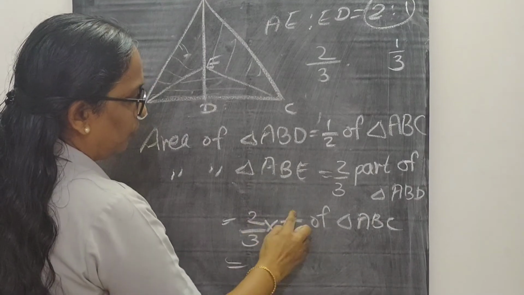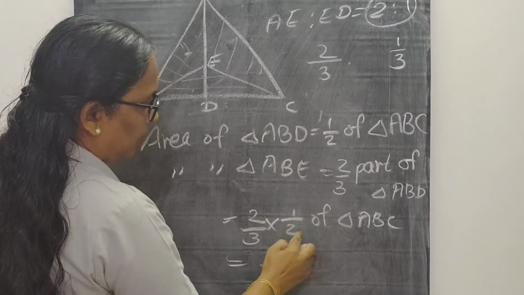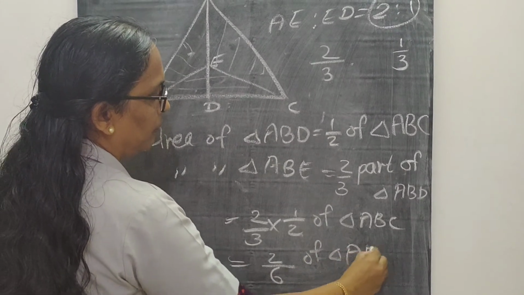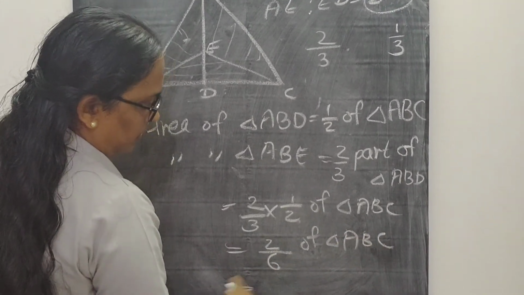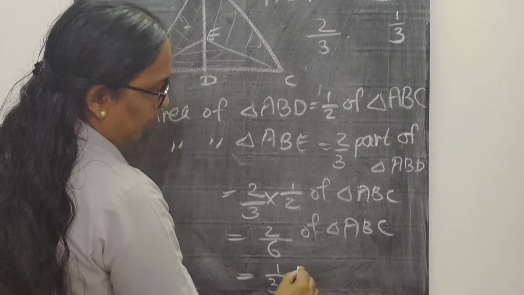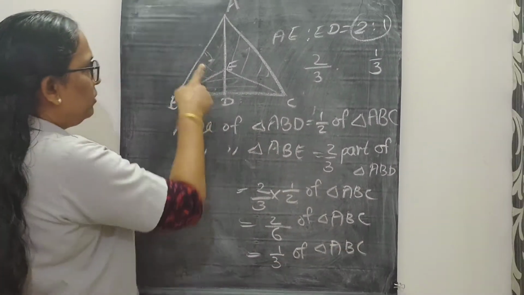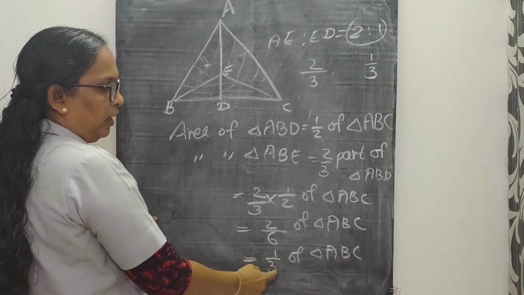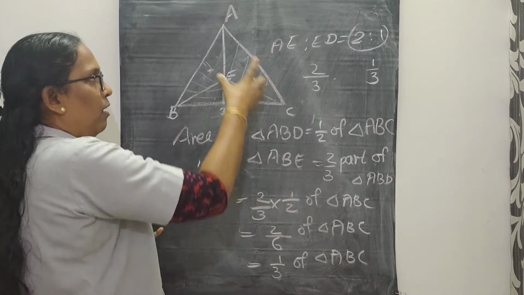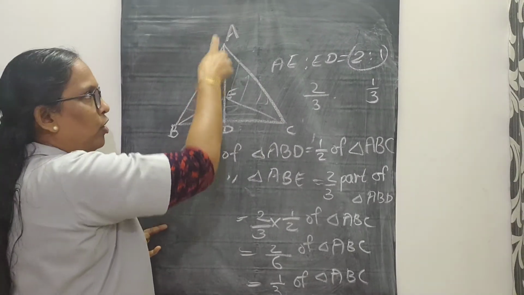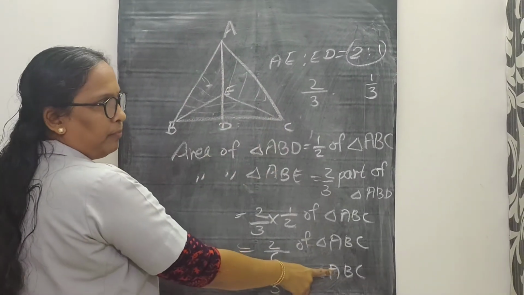That is equal to 2 by 3 into 1 by 2, which is 2 by 6 of triangle ABC, which is 1/3 of triangle ABC. So this area is 1/3 of the full triangle ABC.